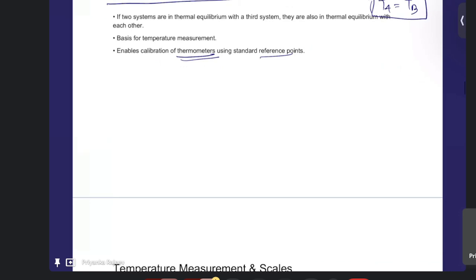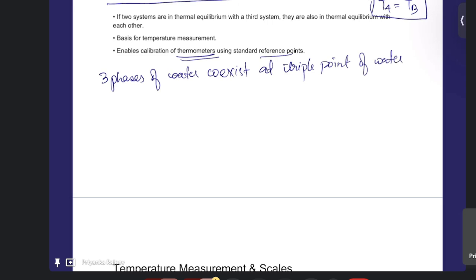Triple point means the point where ice, water, and vapor coexist. So the three phases of water coexist at the triple point of water, which is at 0.101325 bar and 0.01 degrees centigrade.